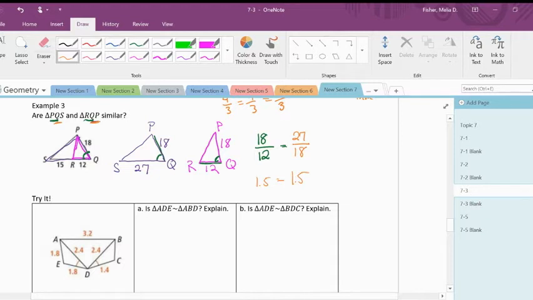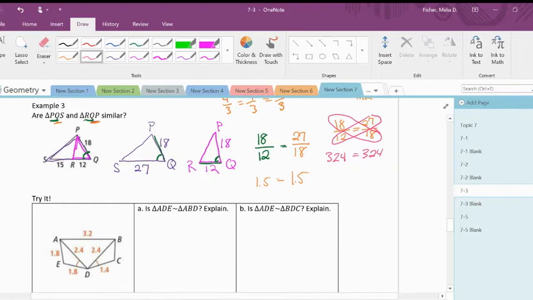Another way to check the proportionality is to look at the proportion of 18 over 12 equal to 27 over 18, and we can check the cross products. So we can do 12 times 27, which is 324, and then we can do 18 times 18, which is 324, so that is proportional.